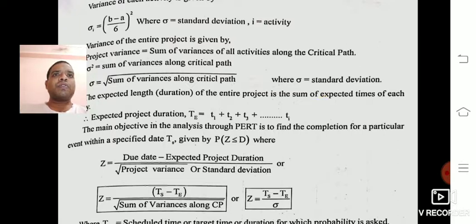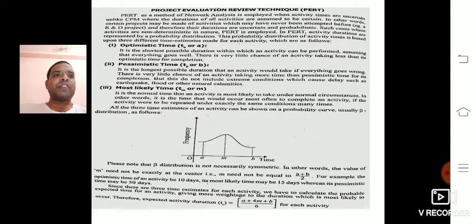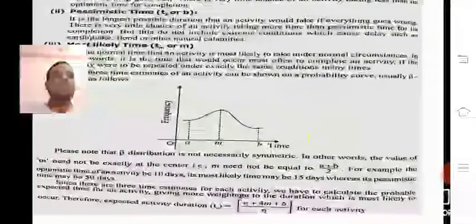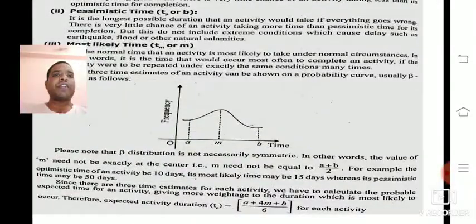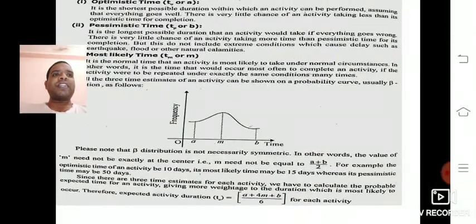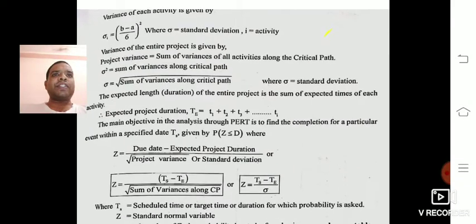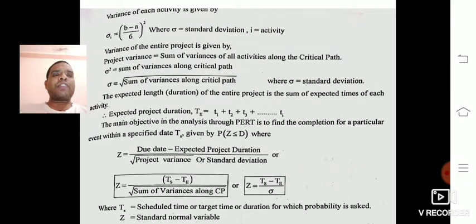Now we need to calculate the standard deviation. The formula is the square root of the sum of the variances along the critical path. After calculating the expected duration by using the formula TE equals a plus 4m plus b divided by 6 for every activity, we can easily find out the critical path.